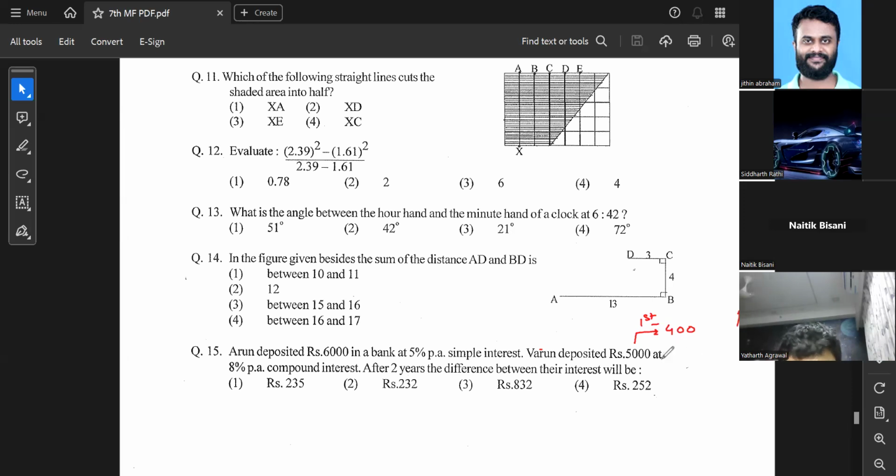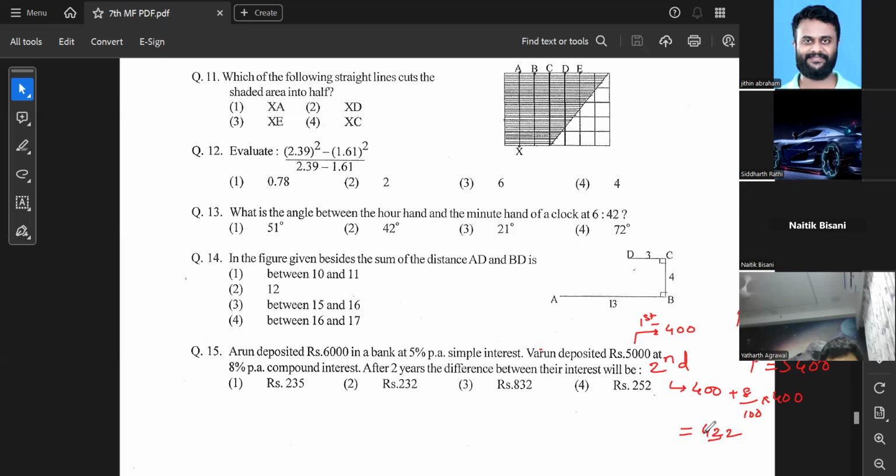Now, in the second year, the principal will be 5,400. So whatever interest he is going to get in the second year is over 5,400. So the 8% of 5,000 is 400 only, and he will also get 8% on the extra 400. Extra 400's 8% is 32. That's how the second year's interest is going to be 432.